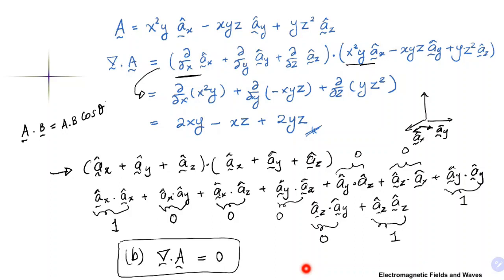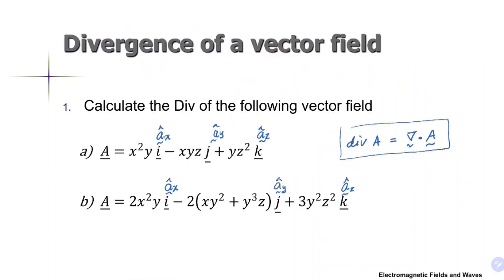So the second one, the divergence of that is equal to 0. So you can go back and prove to yourself that's the case. Okay, I will stop here.